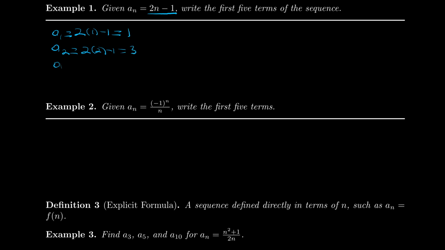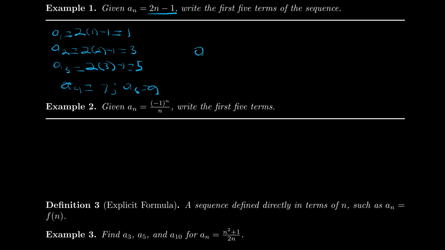Our a sub 3 will be 2 times 3 minus 1, which will equal 5. By the same logic, by plugging in 4 and 5, we'll get that a sub 4 is 7, and a sub 5 is 9.